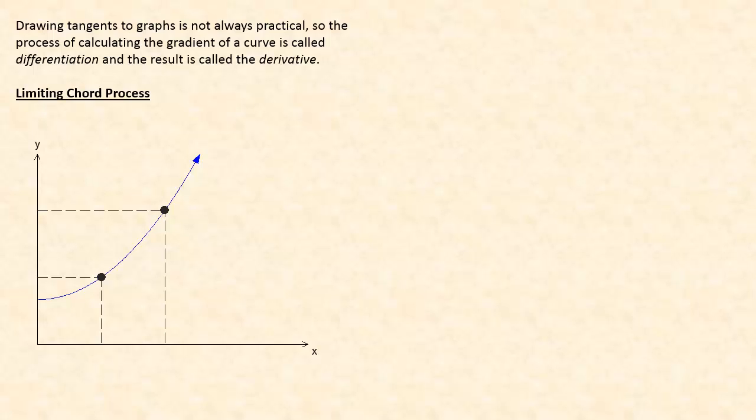So here we have a curve or a function, and we've got 2 points as we can see. If we say that the function is y is f of x, and we say this point is the point P, x, y, and this point is the point Q, x plus delta x, y plus delta y.